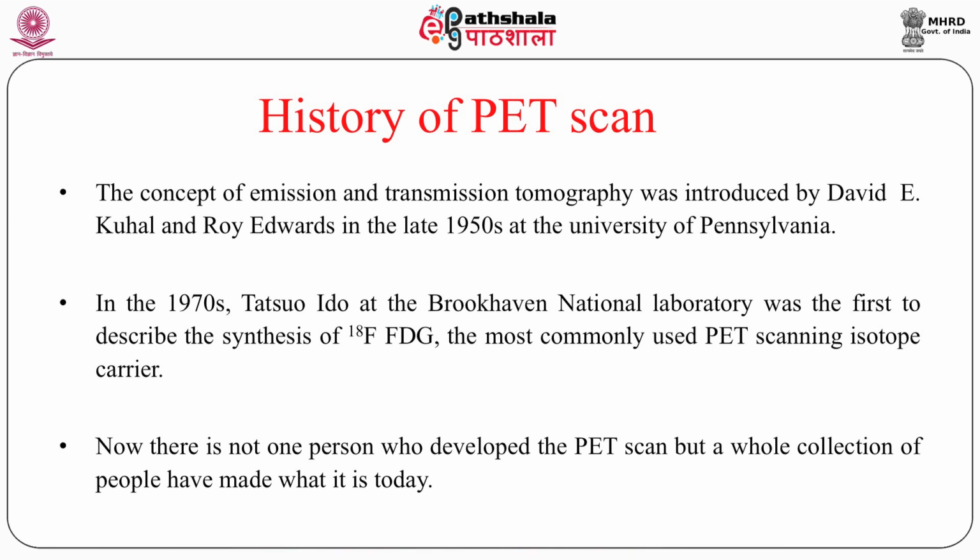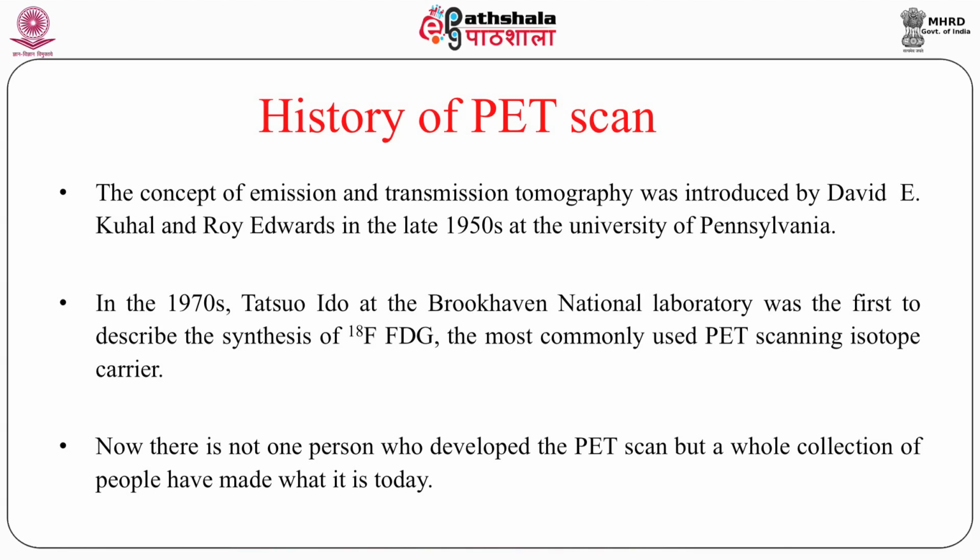The other important reason for choosing fluorine-18 is that it is labeled with fluorodeoxyglucose, FDG. For logistic reasons, it has a 110 minute half-life. It means you can send this isotope from a cyclotron which is away from the city to your place and carry out the scan.